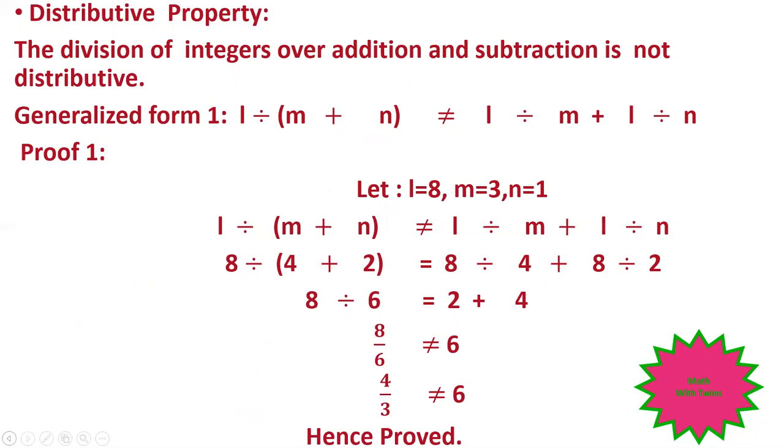We have given specific values: L is equal to 8, m is equal to 3, n is equal to 1. When we substitute these values into the generalized form, we get 4 by 3 in one case and 6 in the other. We know that 4 by 3 and 6 are not equal, hence this property does not hold good.